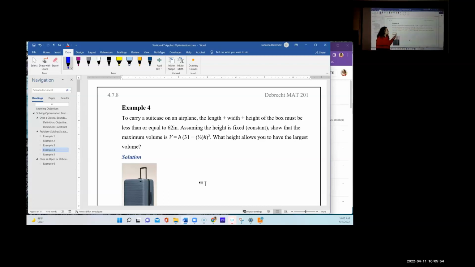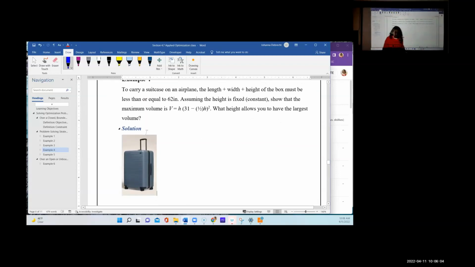Okay, this time our rectangle is not square. So we're going to go back to the beginning and we're going to draw a picture of our box. To carry a suitcase on an airplane, and this time I do have the sideways view so I can label all 3 sides. The length plus width plus height of the box must be less than or equal to 62 inches.